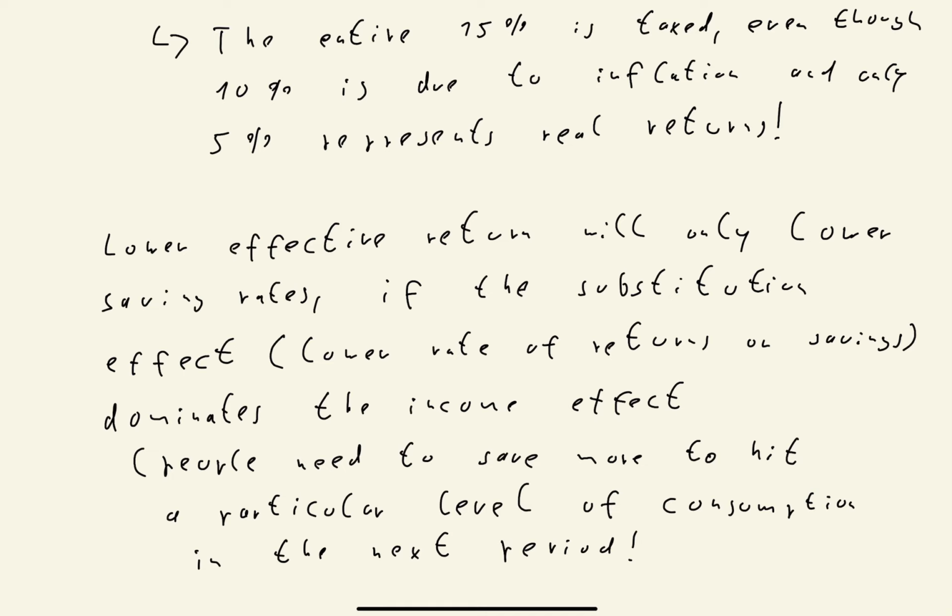So you can carry over less, or more expensively, money from the present to the future. Therefore, you need to save more in order to be able to hit the amount of money that you want to get paid out per month in the future. And this is the positive income effect.